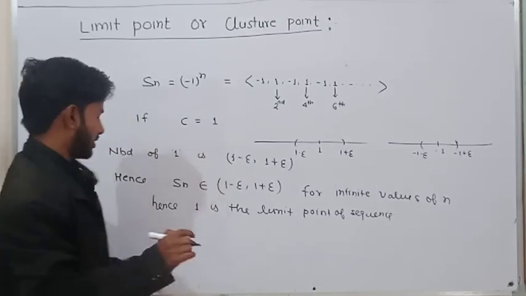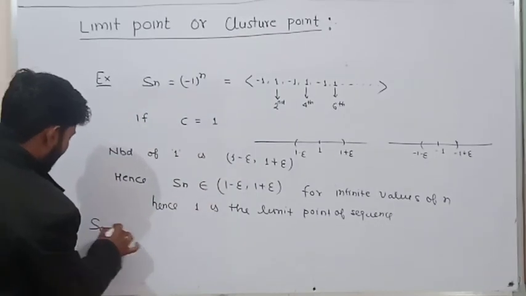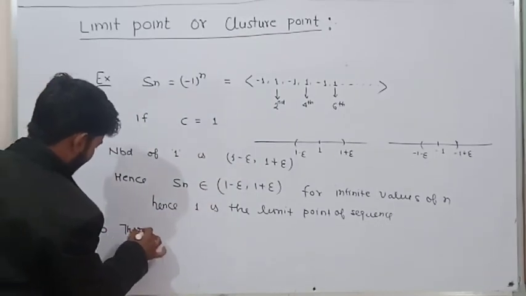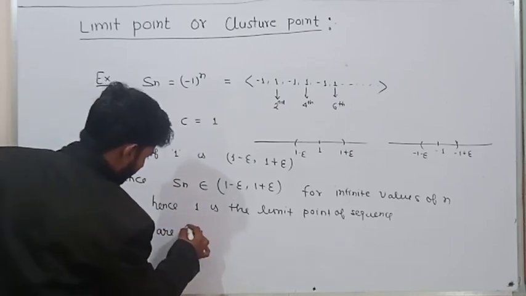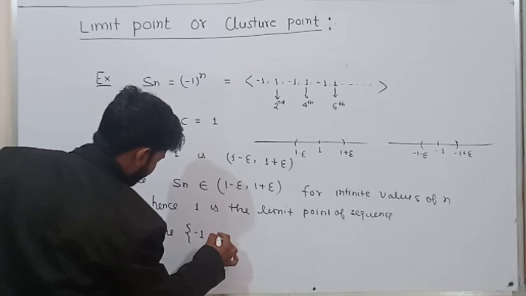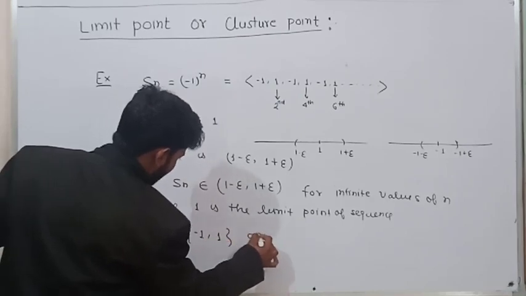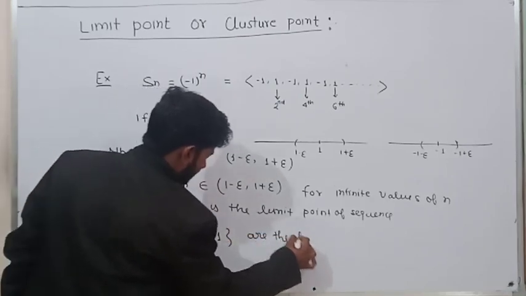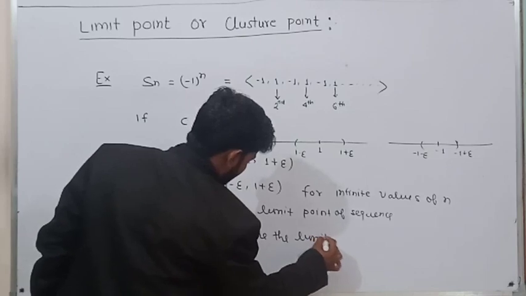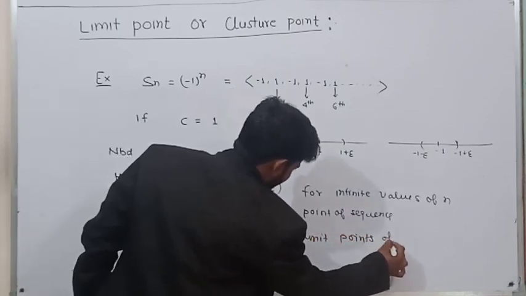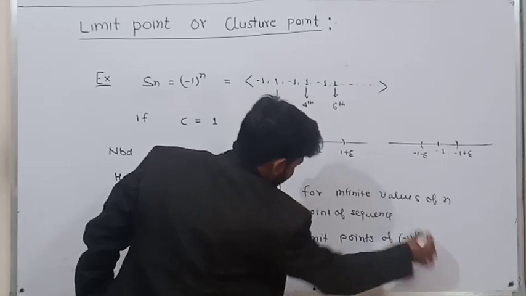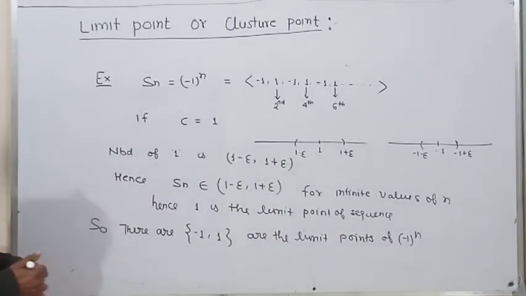So minus 1 and 1 are the limit points of minus 1 to the power n. This is an example of a limit point.